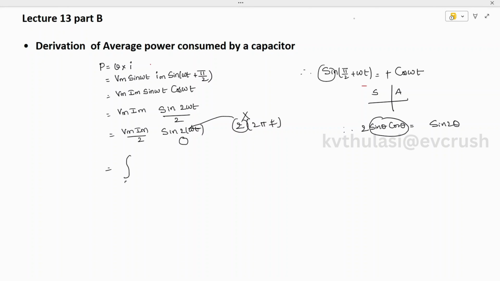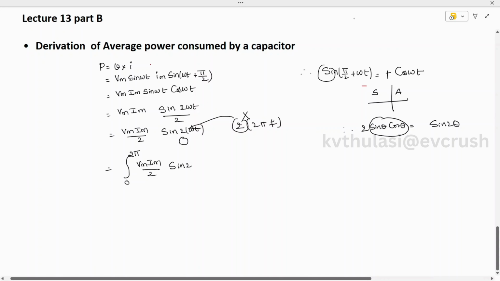Okay, so I'm going to integrate over a complete cycle, 0 to 2 pi. We have Vm into Im by 2 into sine of 2 omega t. Okay, so when you perform the integration of this term, you're going to get 0, is what we need to prove.